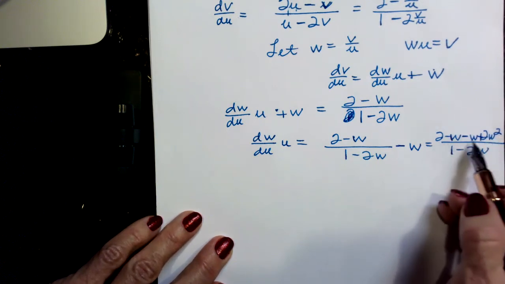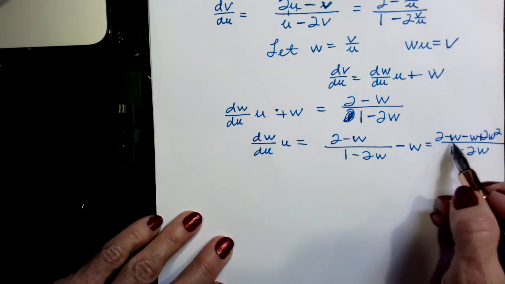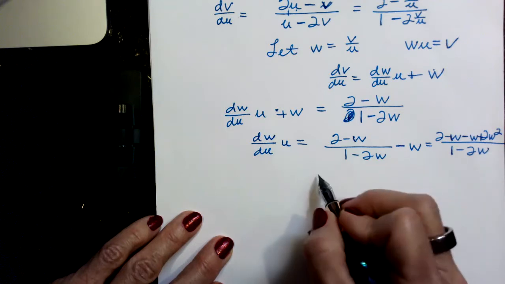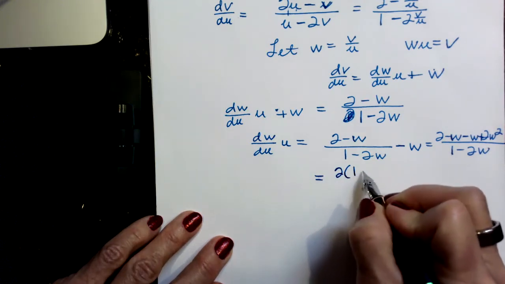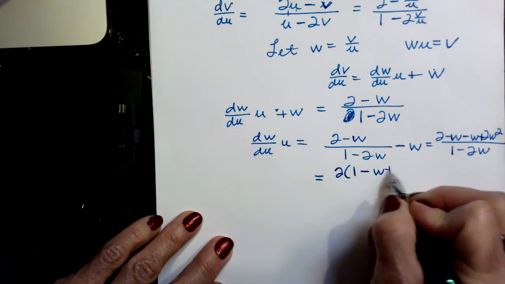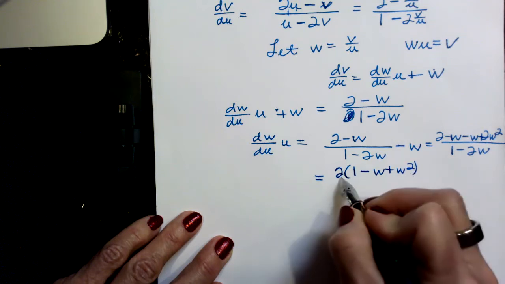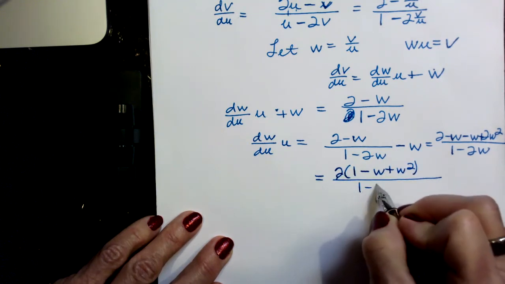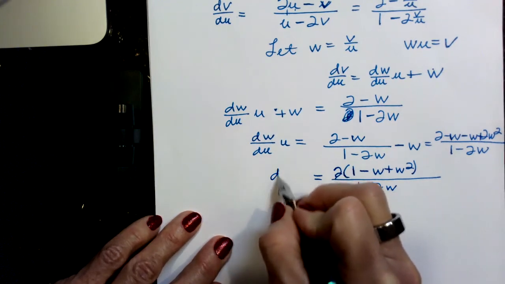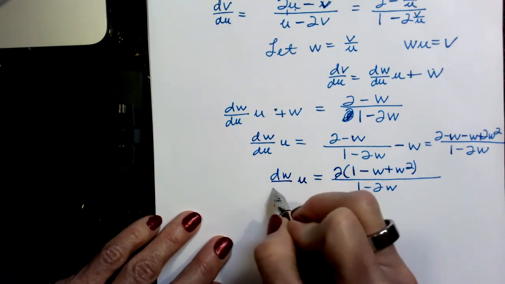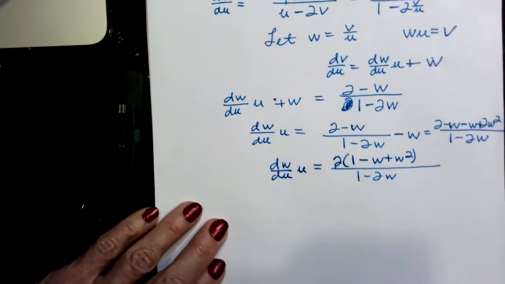So when we rewrite this, we'll notice that this is 2 times (1 minus W plus W squared), divided by (1 minus 2W), is dW times U over dU.